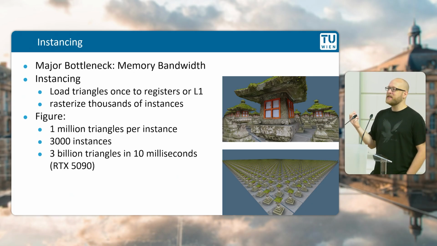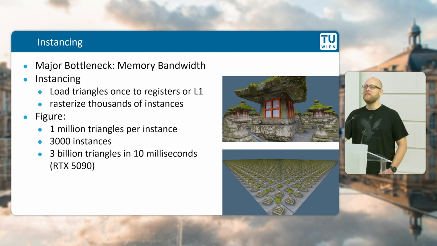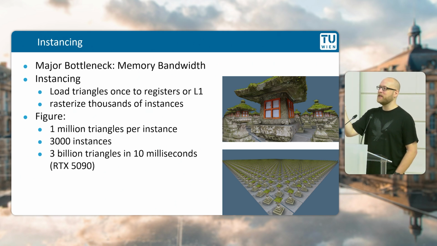So if you have a scene with instancing, what you can do is let this rasterization kernel just load the triangles once into registers and L1 memory, and then rasterize all of the instances. Just loop through the thousands of instances and then rasterize them. And with that, we have, for example, here a scene with one mesh with 1 billion triangles and 3,000 instances of that. So there's a total of 3 billion triangles that we brute force rasterize in just about 10 milliseconds.